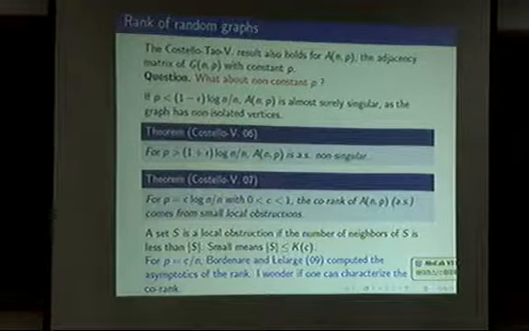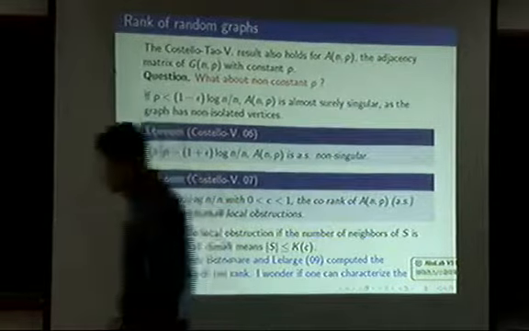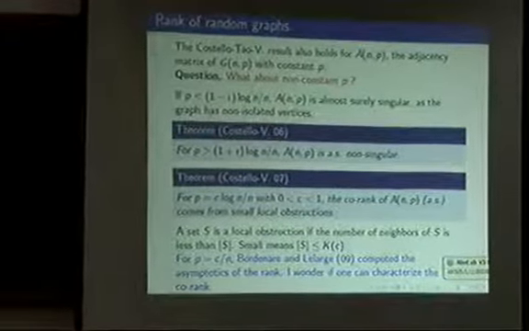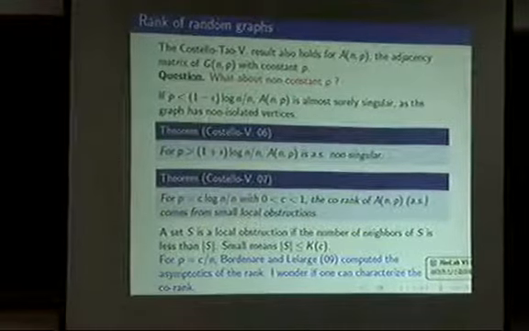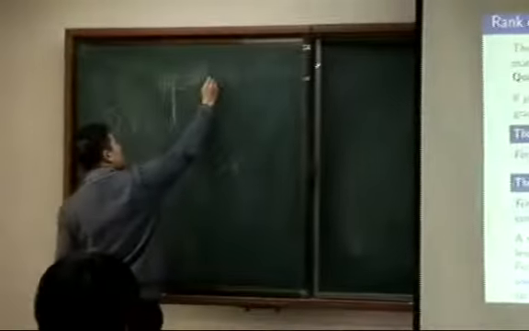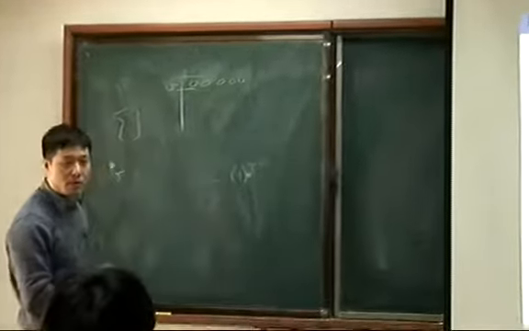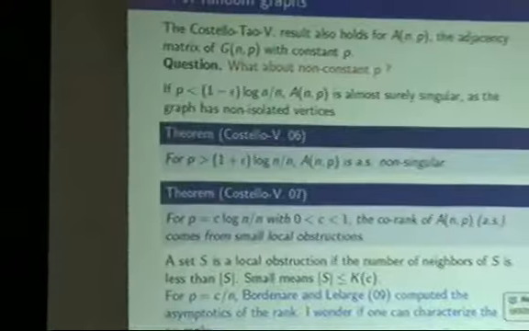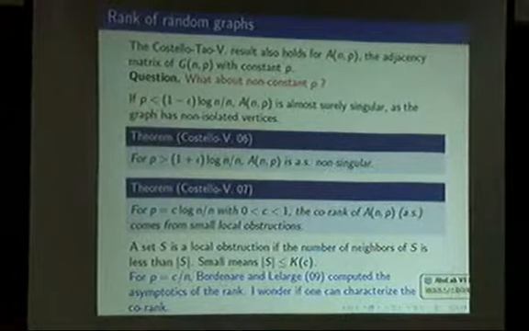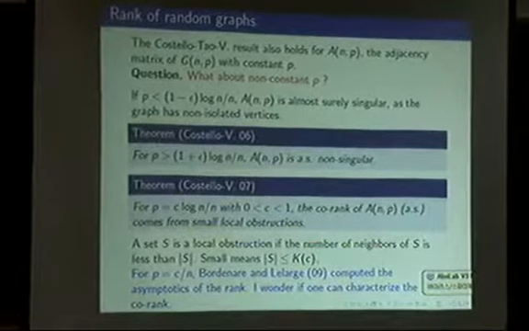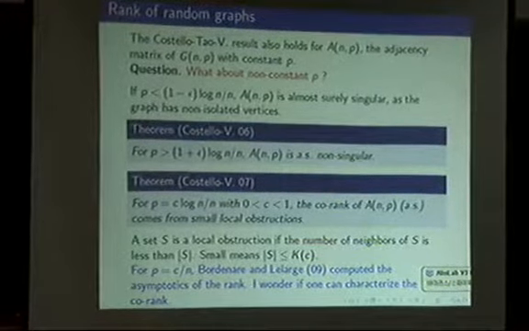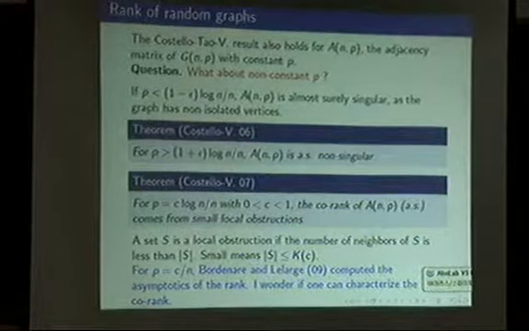When the graph has an isolated vertex, that vertex is not connected to anything, and the row corresponding to it in the adjacency matrix is the zero row. Then of course the rank cannot be n. That is a very simple reason. The threshold for having no isolated vertices, we know, is log n over n. So of course if p is less than 1 over epsilon times log n over n, then the graph is singular.